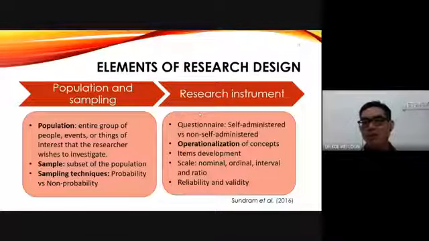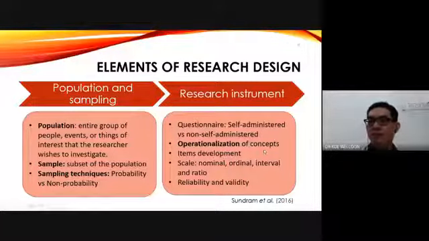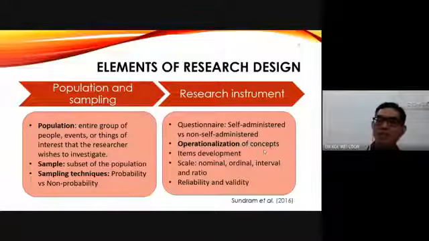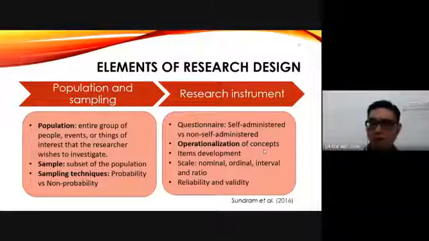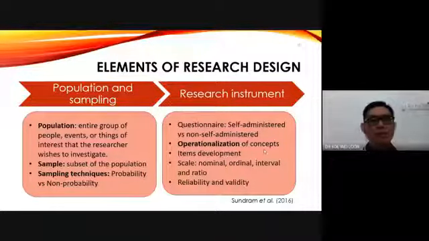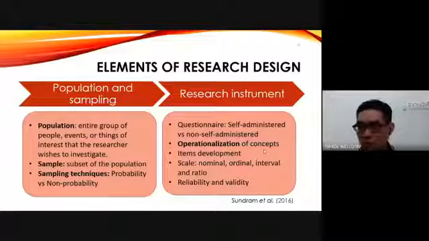So when you develop your research instrument, you have to pay attention to operationalization of concepts. In your chapter 1, I think you have one section about operationalization of your variables, or maybe you have these operational definitions for your variables.